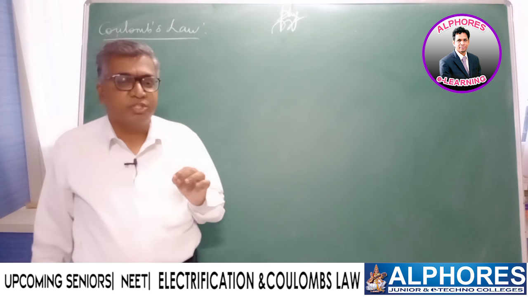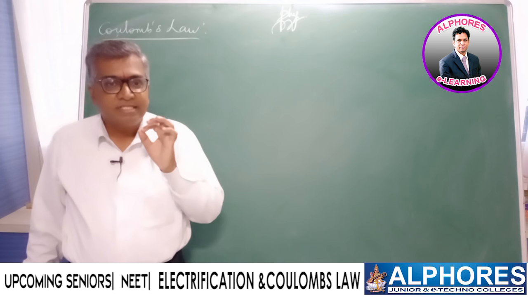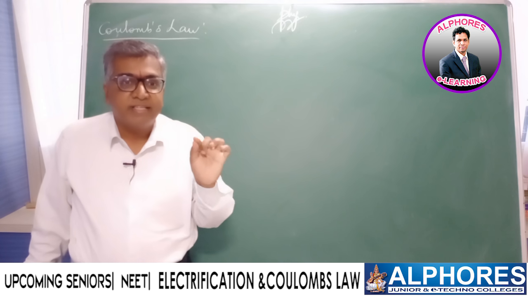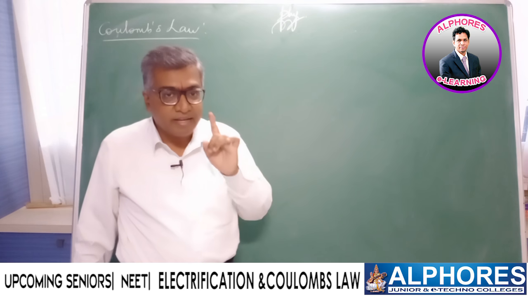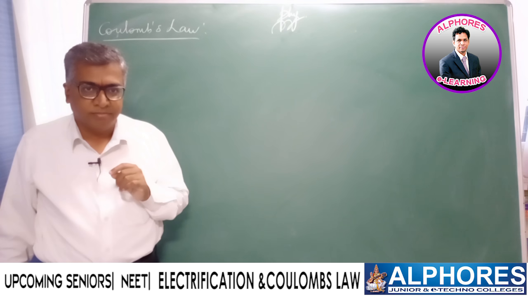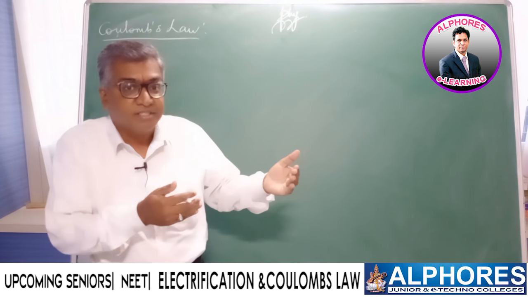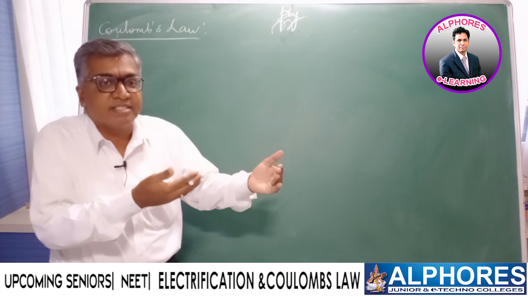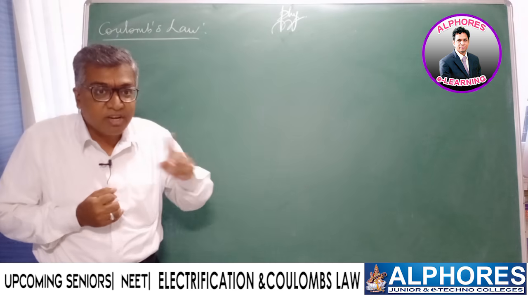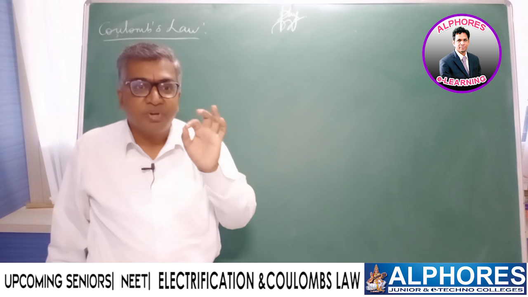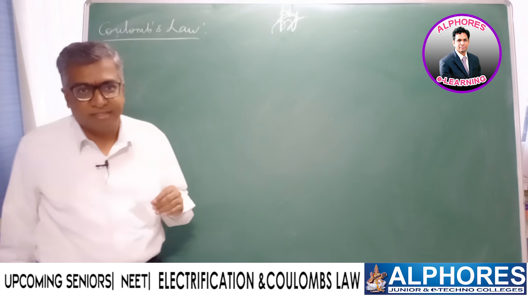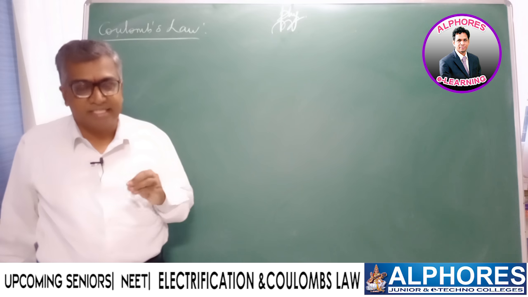And one more point to note is, charge always appears in pairs. You can never produce a single charge. When you give positive charge to another body, the body that is giving gets negative charge. Equal and opposite. Charge always appears in pairs.